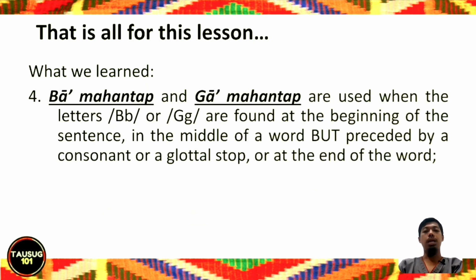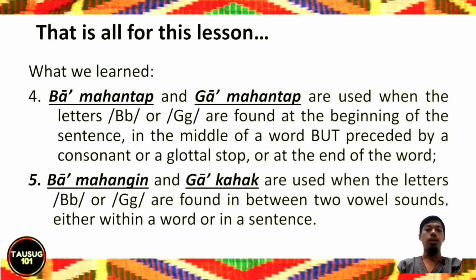Bā Mahantap and Gā Mahantap are used when the letters ba and ga are at the beginning of a sentence or a word, or in the middle of a word but preceded or followed by another consonant or glottal stop, or at the end of the word. But when the letters ba and ga are in between two vowel sounds, we use the Bā Mahangin and the Gā Kahak sounds.